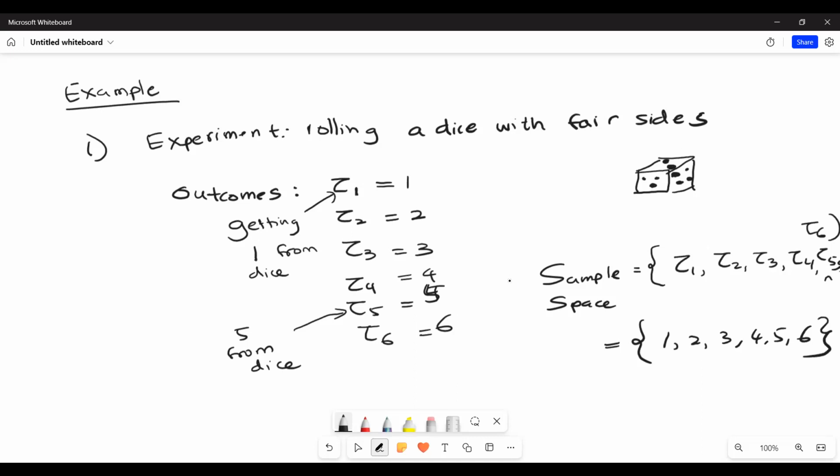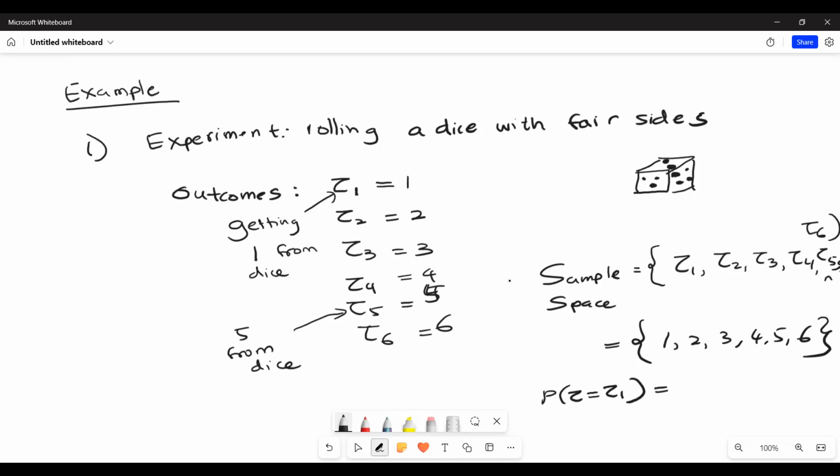And then finally, I should be able to give the probability associated with each outcome. So I need to be able to tell the probability of getting tau equals tau 1.